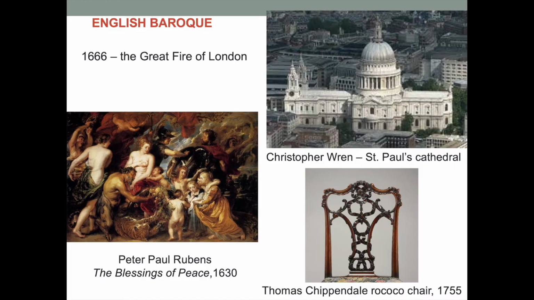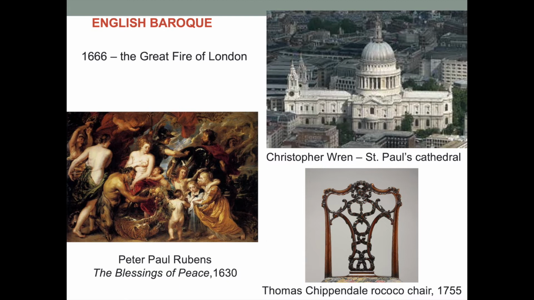The same with Baroque. It more or less corresponds with the Stuart period, and what we have is similar trends in art, and even similar artists like Peter Paul Rubens producing works for the royal court.